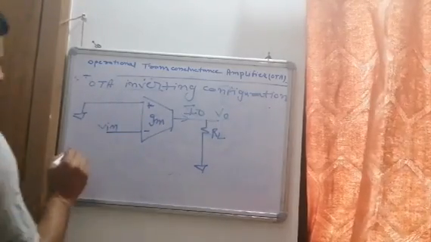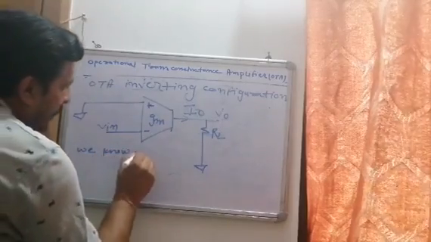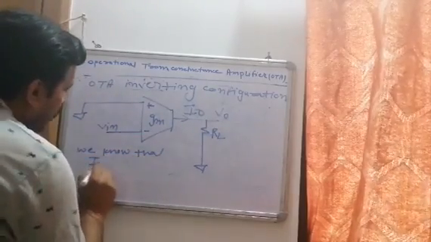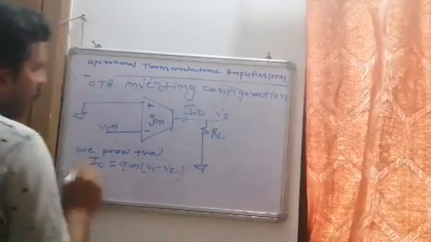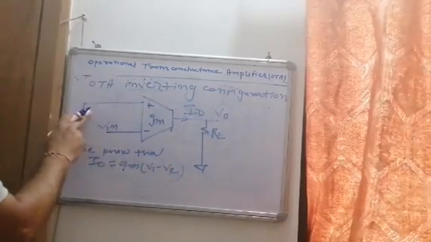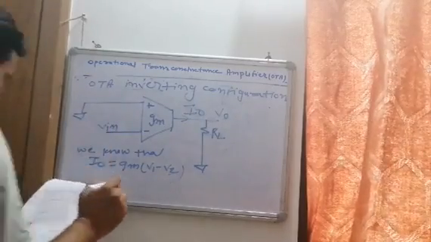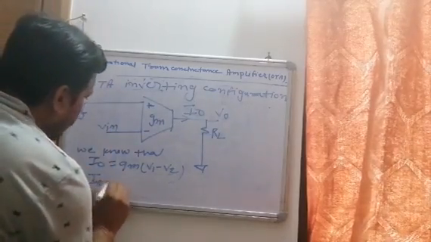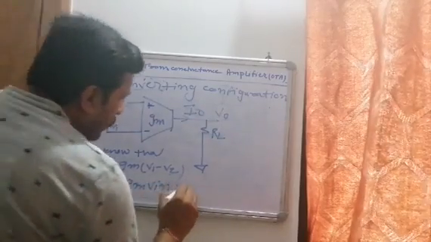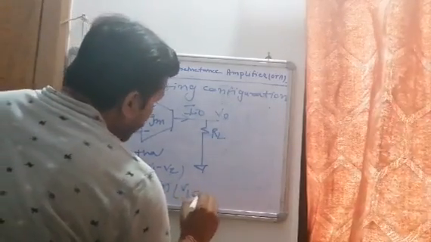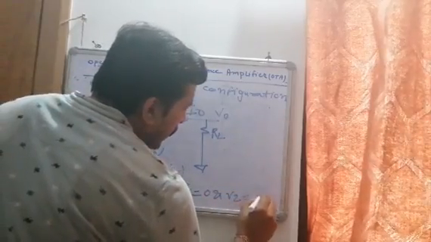So we know that I naught is equal to GM times V1 minus V2. Here V1 is ground and V2 is Vin. So we can write I naught equal to minus GM Vin, because V1 equal to 0 and V2 equal to Vin.